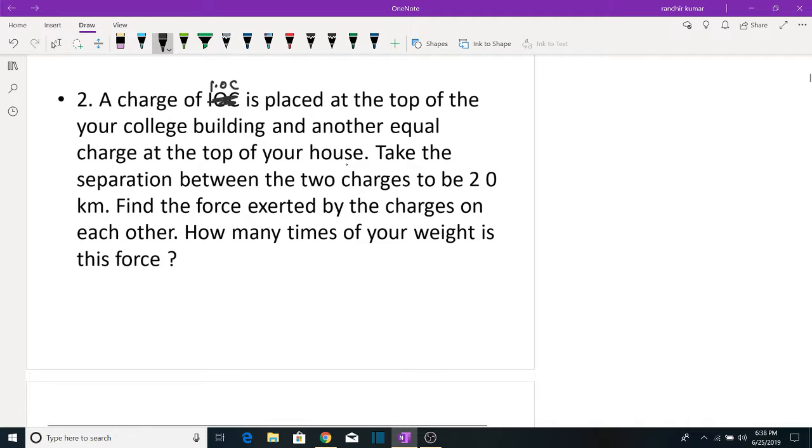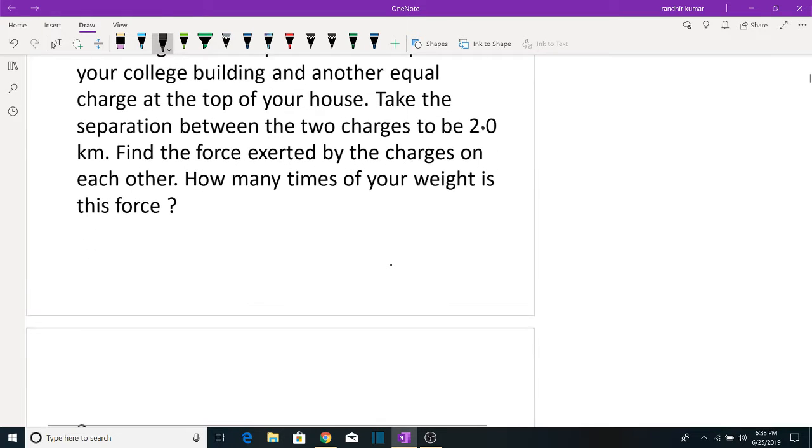Take the separation between the two charges to be 2.0 kilometer. Find the force exerted by the charges on each other. How many times your weight is this force? Clear?